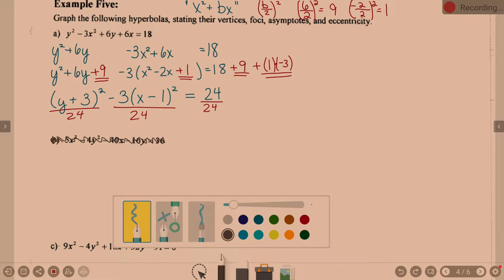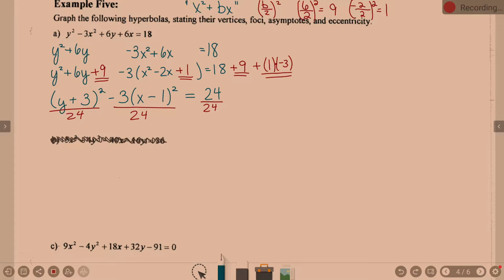Okay, my equation: y plus 3 squared over 24 minus, that middle sign should always be a minus.